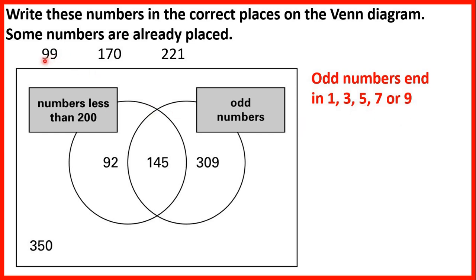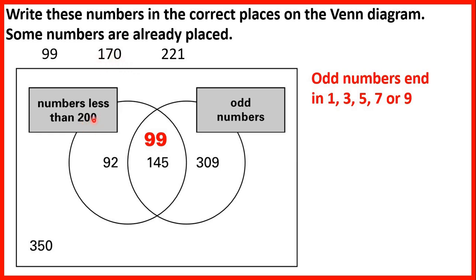So first we have the number 99. That's less than 200, and it's an odd number because it ends in a 9. So we need to write 99 in the section where the circles overlap to show that it's both. Now we have 170.